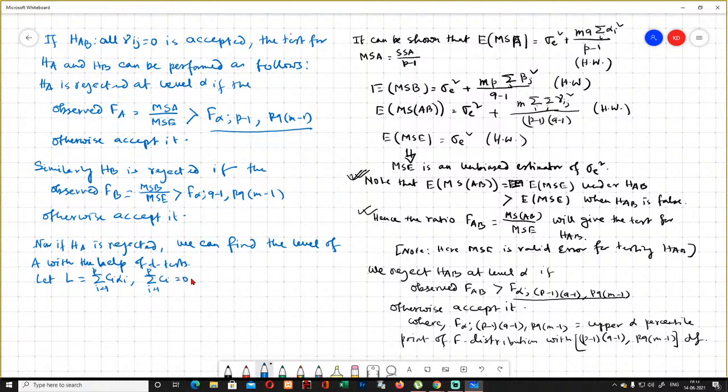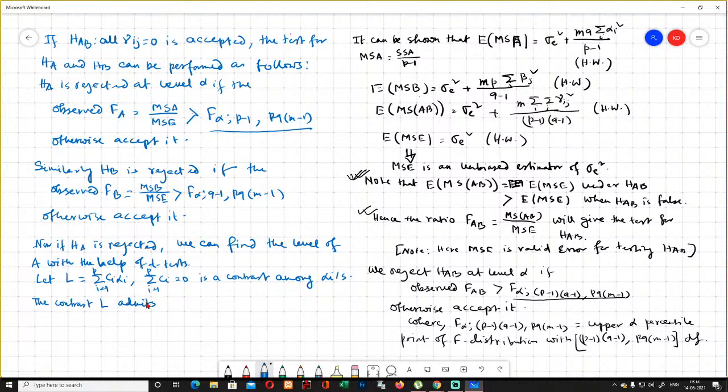You knew this thing from the linear model class. L is a contrast among the alphas.